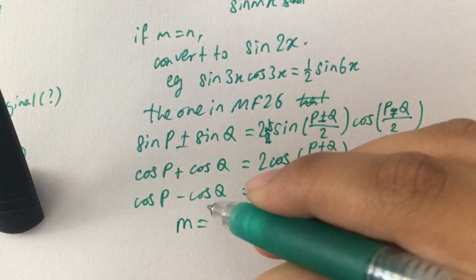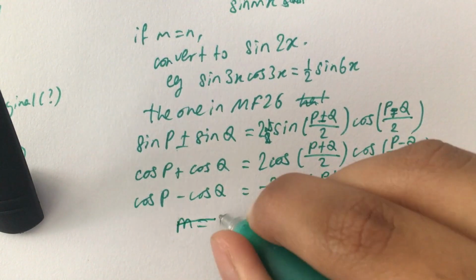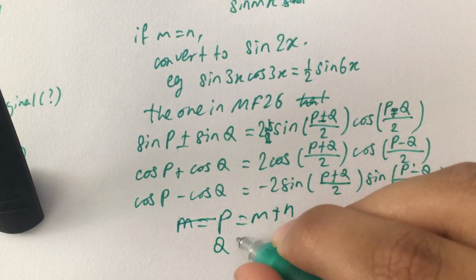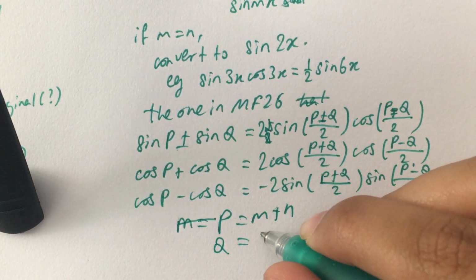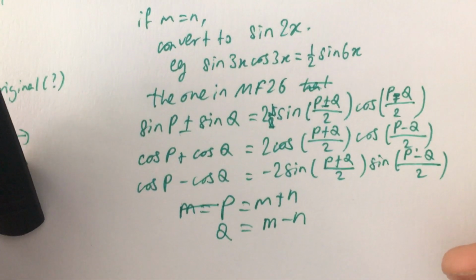Basically, for the p, you just add the two of them together, m plus n. Because m is p plus q over 2, so if you add m and n, you get p. And to get q, you do m minus n.